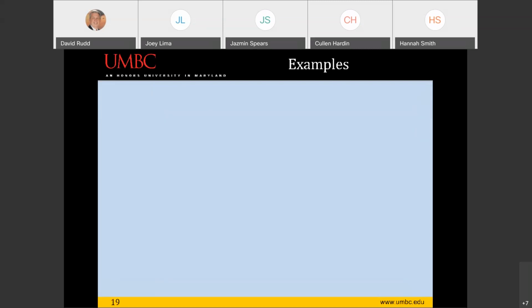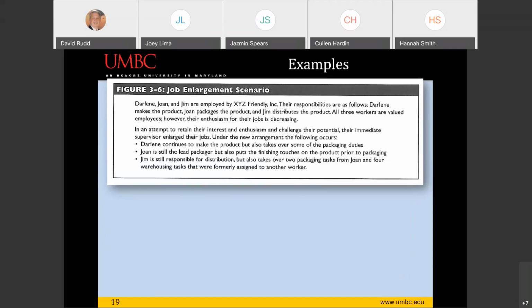All right, so let's look at some examples of job enlargement and job redesign. Now here's a scenario. Darlene, Joan, and Jim are employed at XYZ Friendly Incorporated.